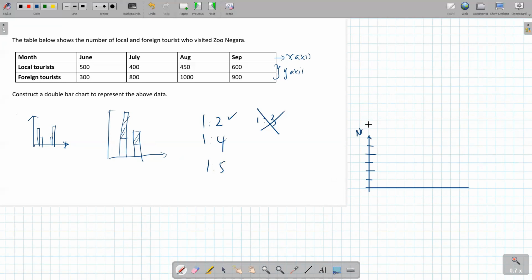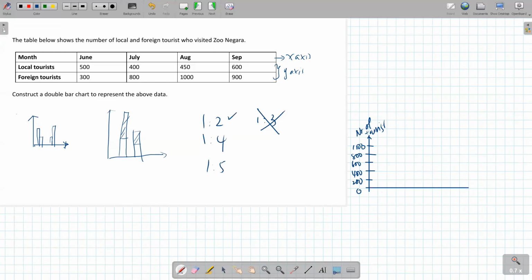So this will be the number of tourists. We start from 0. So 200, 400, 600, 800, and we have 1000. Then for this part, we'll have the months. So start from June to September.